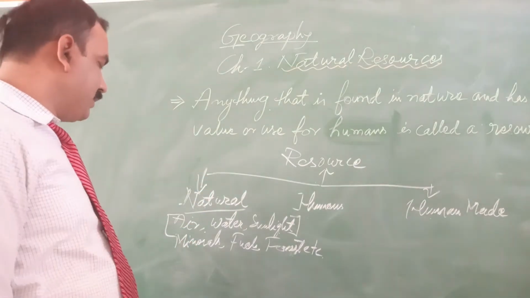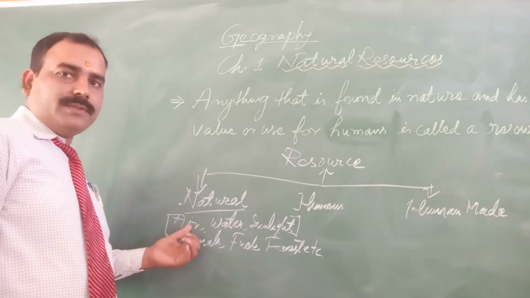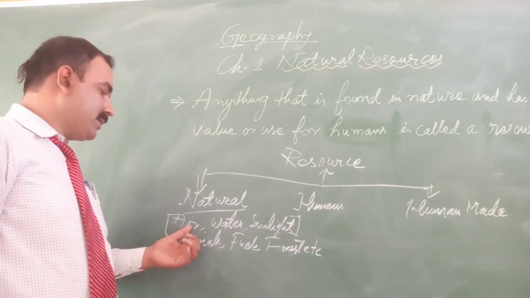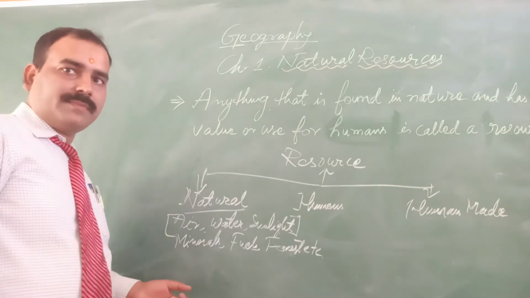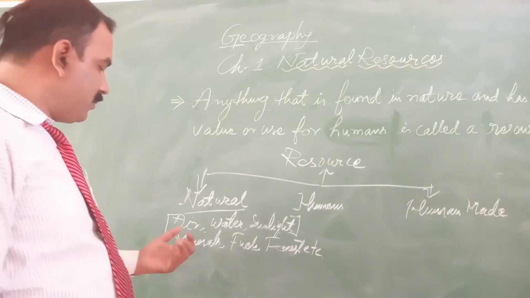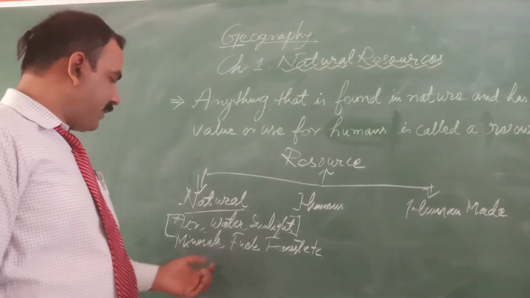Is that clear to you that the resources which occur naturally or which support life are called natural resources, such as air, water, sunlight? Natural resources also include minerals, fuels, forests, etc.